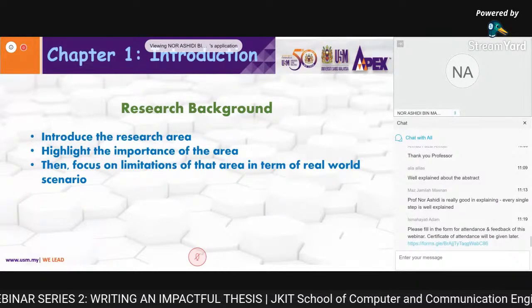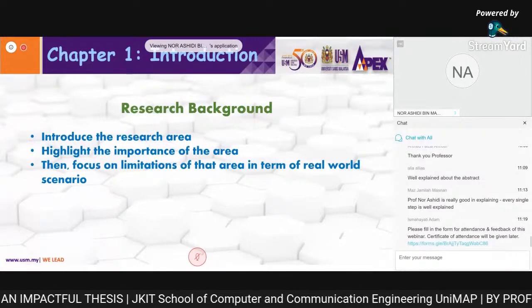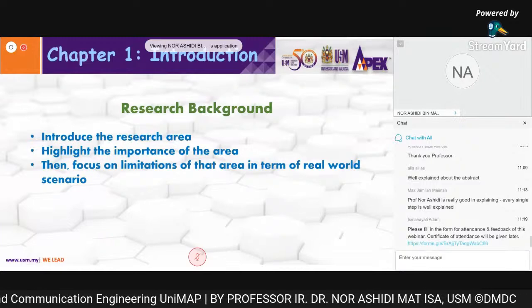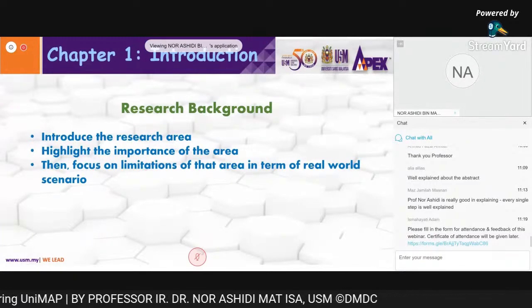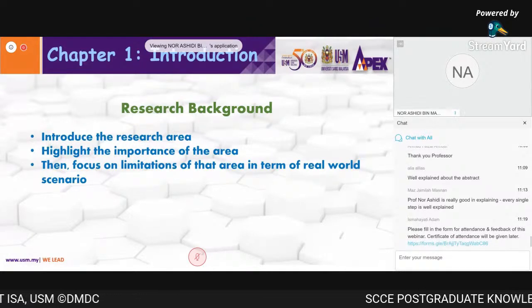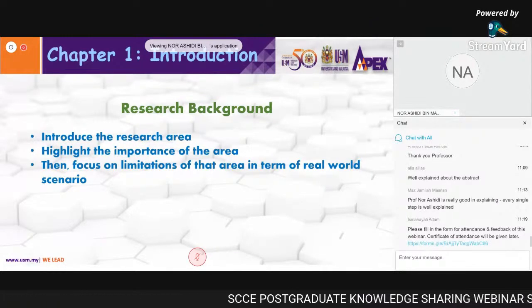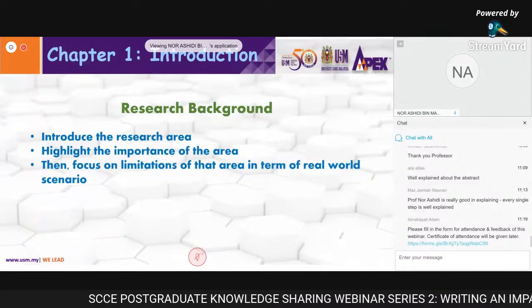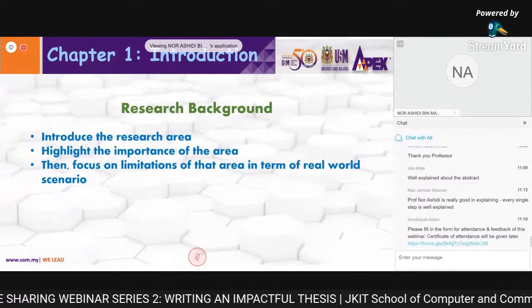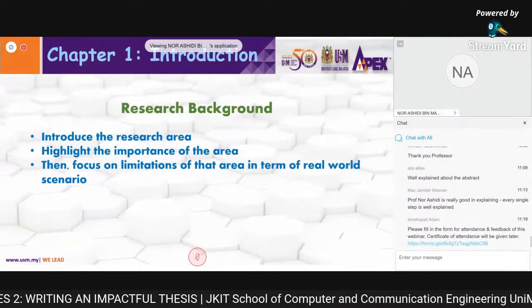So this cannot be set as your specific research gap, because everybody wants to overcome the problem. The research gap is something dedicated, specifically designed for your research work. I hope you understand the general research gap and your own research gap.